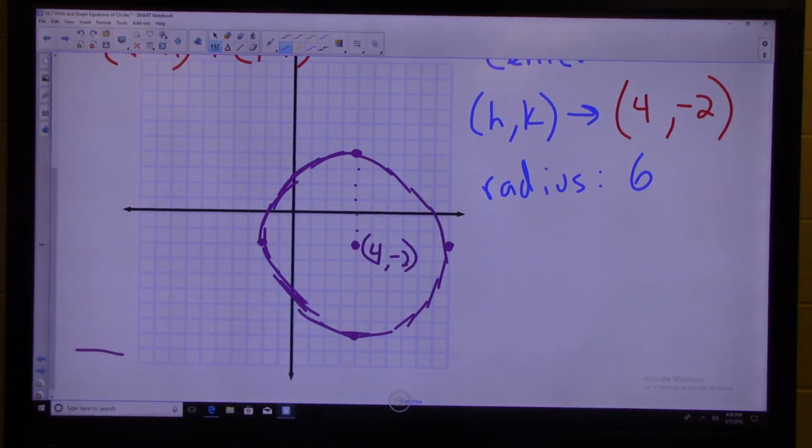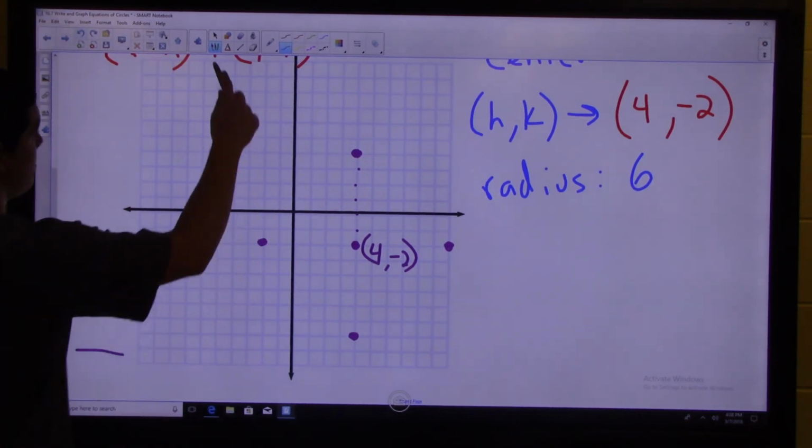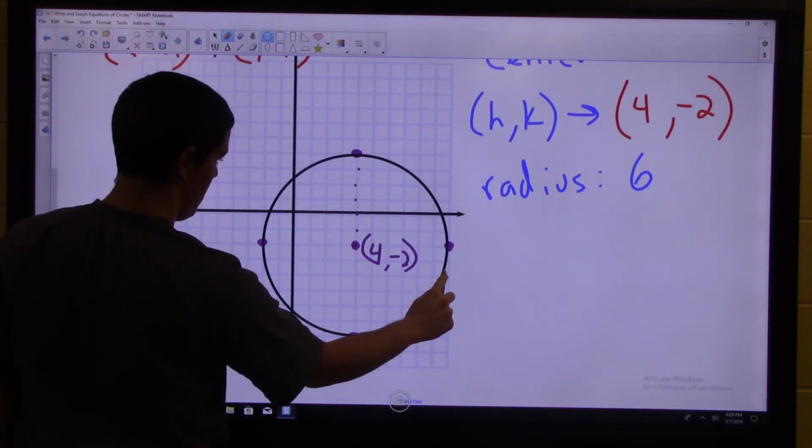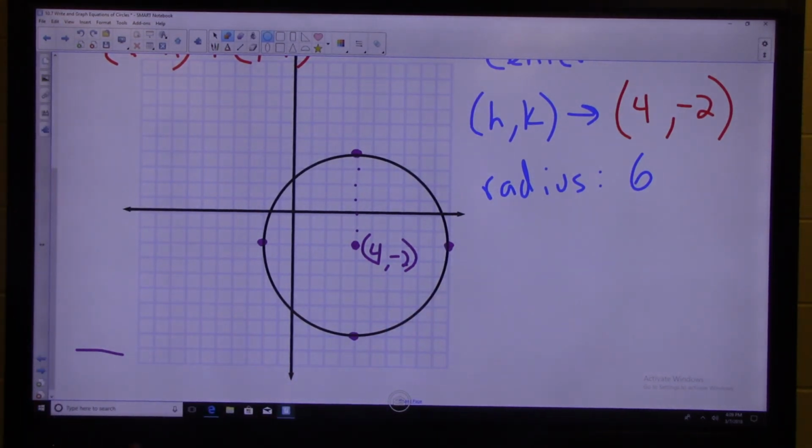Alright, that's not bad. Could be better. And I'm going to make it better like this. Let me undo all that stuff. So, I'm going to cheat here. That's the center. Perfect. I'm good. Alright, so that's how it looks. And that's going to be how you graph the circle.